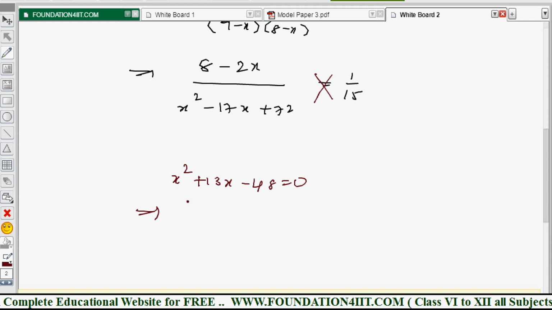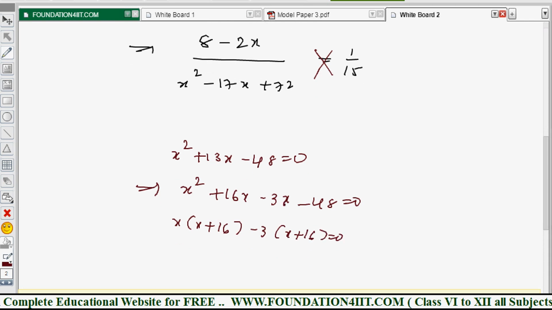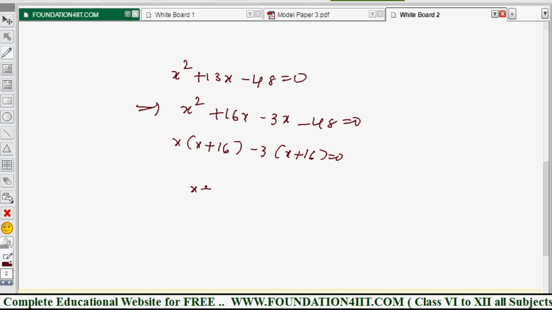Then factorize: x square plus 16x minus 3x minus 48 is equal to 0, because 16 minus 3 is 13 and 16 times 3 is 48. Take x common, x plus 16, and minus 3 common, x plus 16. Therefore, x plus 16 into x minus 3 is equal to 0. Then x is equal to minus 16 or x is equal to plus 3.